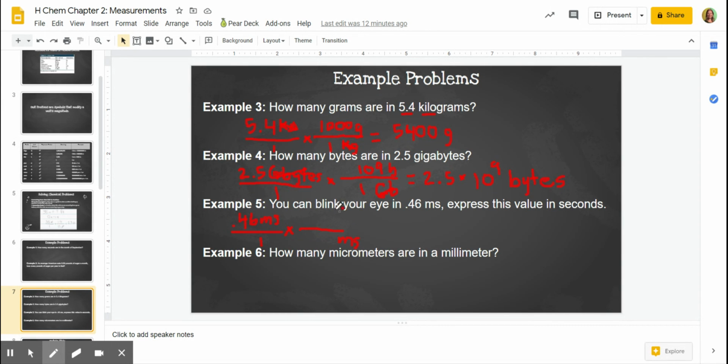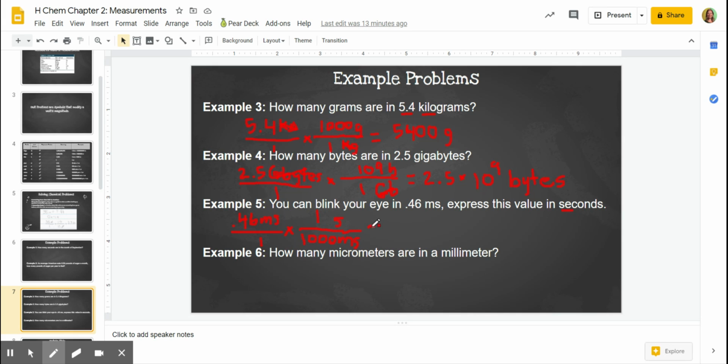And we're trying to change it to seconds. It says, what is this in seconds? So I'm going to put seconds on top. Okay, and if you guys remember from the chart up here, 1 second has 1,000 milliseconds.